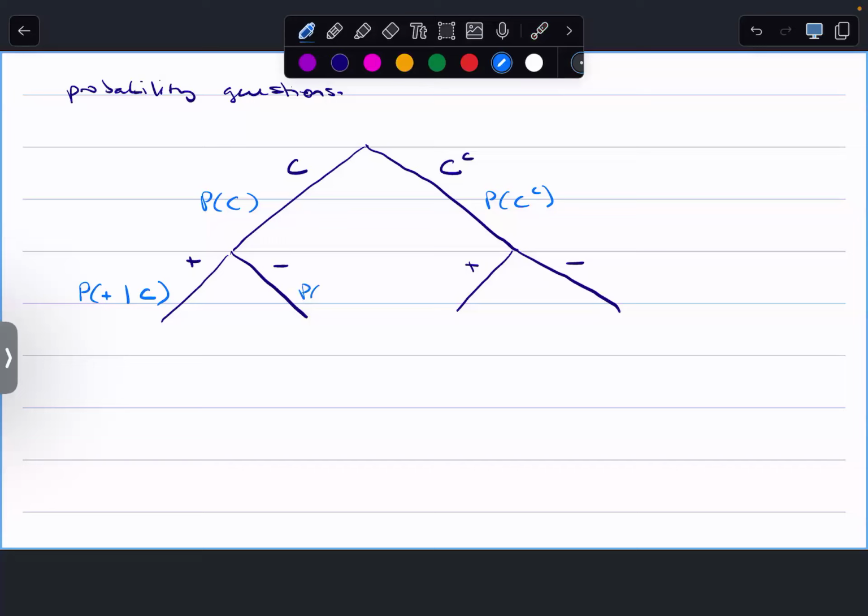So this is the probability of a negative given that they have cancer. Same thing, a positive test knowing that they don't have cancer, so knowing that they're down this not cancer branch, is the probability of a positive test given not cancer. And again, 1 minus that is the probability of negative given that they do not have cancer.